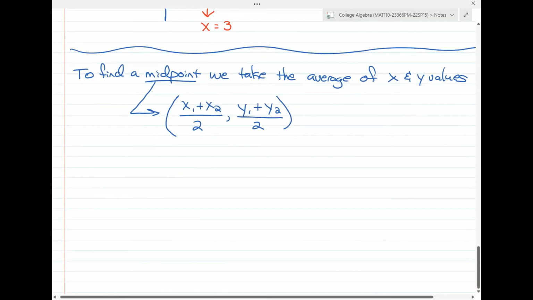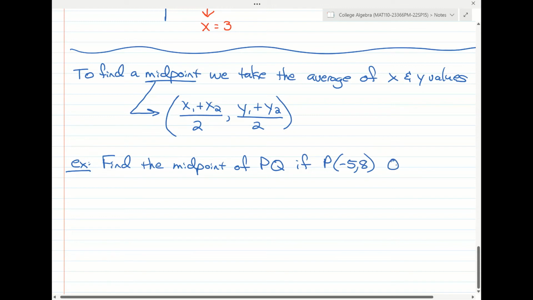A couple examples with this before we move on. If I asked you to find the midpoint of PQ, if P is -5, 8, and Q is 2, 4.